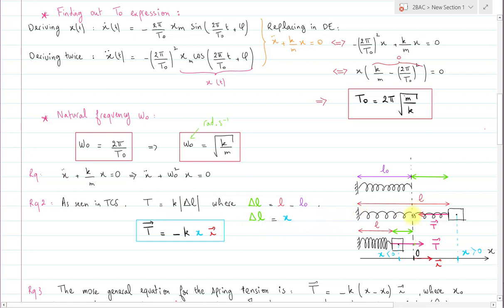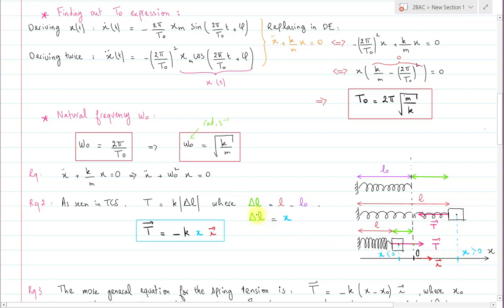If we choose the origin of the axis OX to coincide with the equilibrium position, then this elongation delta L will coincide with x, the position of the object.